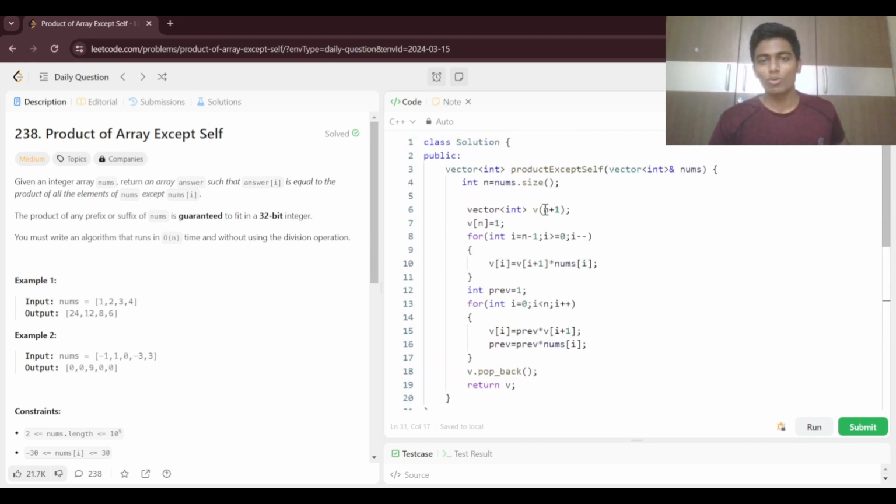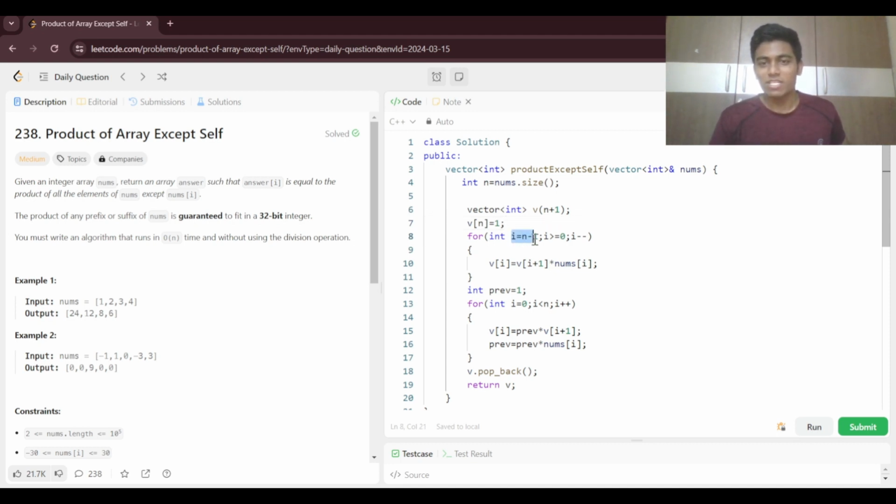So let's go through the code. Suppose we take n equal to nums.size, and then we declare the vector v, and at last we say v[n] will be 1, such that whenever we are at the end of the nums array, we consider 1 as our right multiplication. Whatever the previous multiplication is, we multiply these two to get the answer for this particular element.